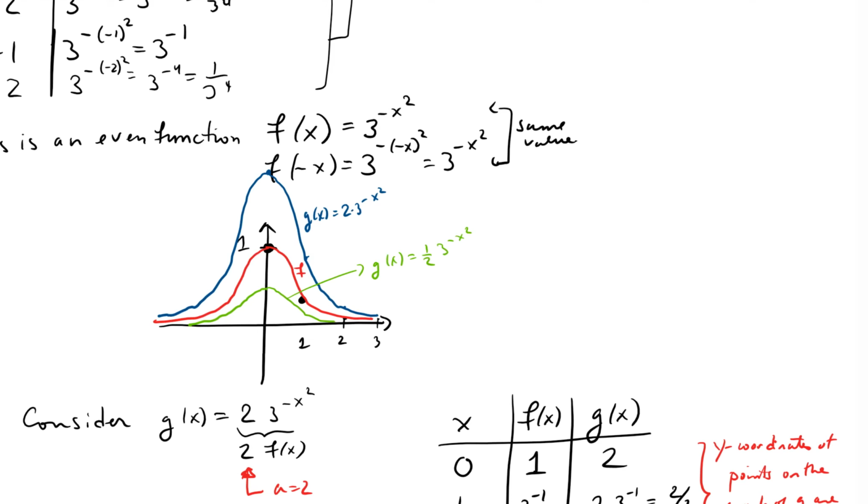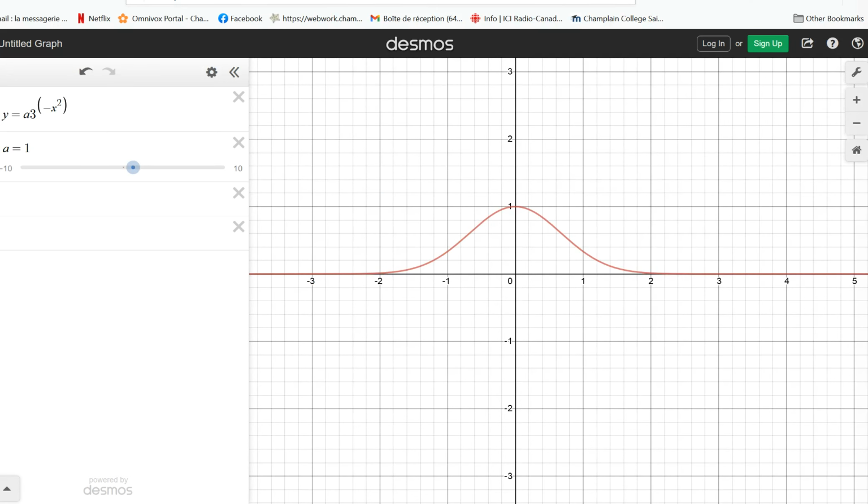And let's take a quick look at this in Desmos. So here, this is the graph of f. Notice how I entered the expression a times 3 to the minus x squared on the left hand side, and a is right now 1. So that's why this is the graph of f. If I increase the value of a, notice how this creates a vertical stretch.